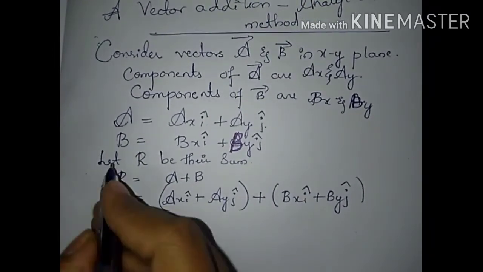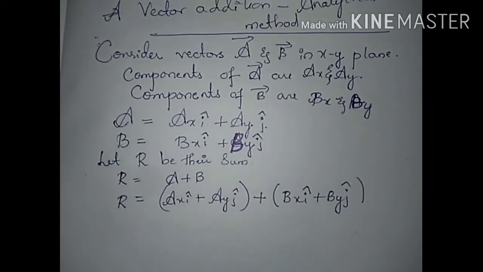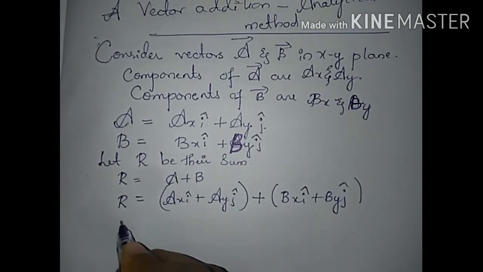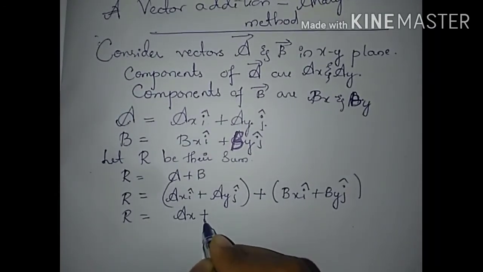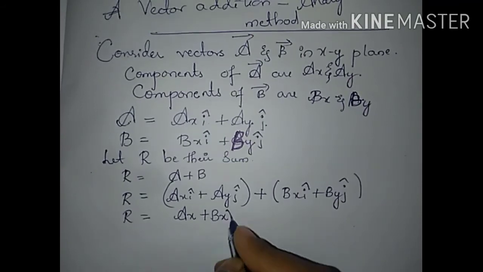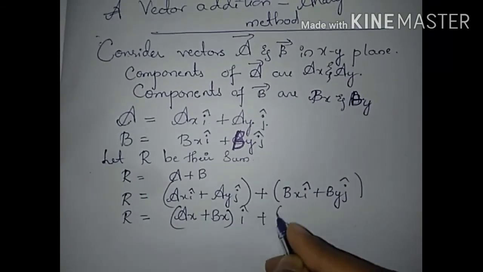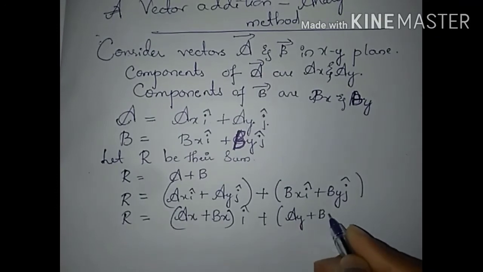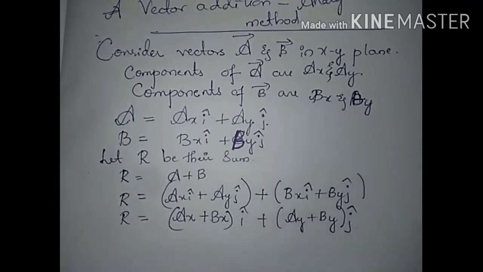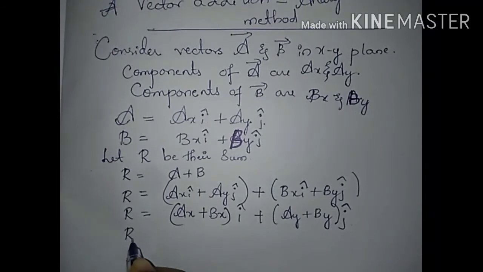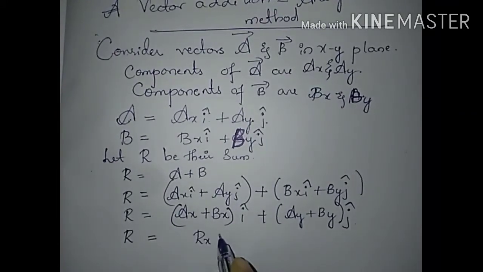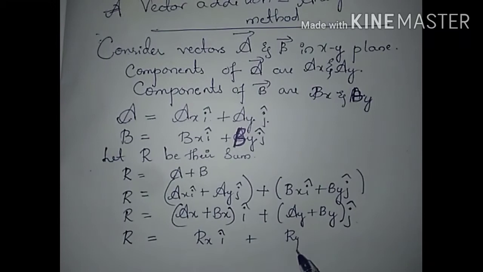Okay, now we know that vectors hold commutative law and associative law. So from that I can write R is equal to Ax plus Bx i cap plus Ay plus By j cap. So I wrote this using the commutative and associative law. So from this I can write R is equal to Rx i cap plus Ry j cap.